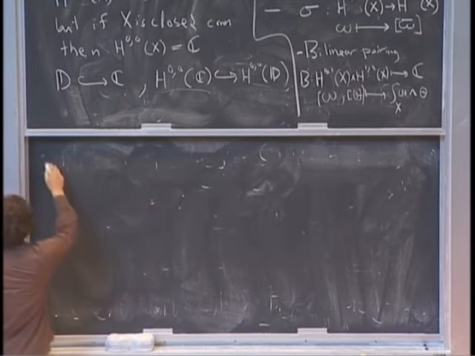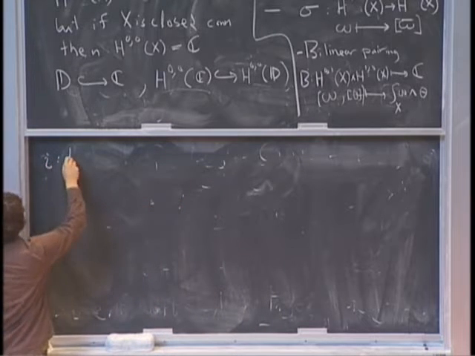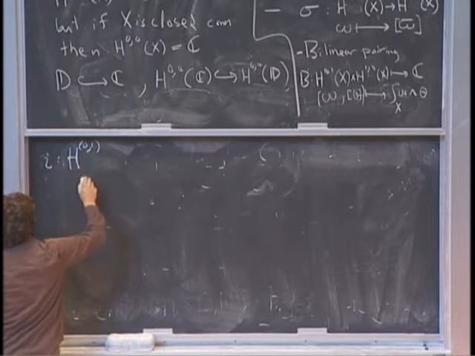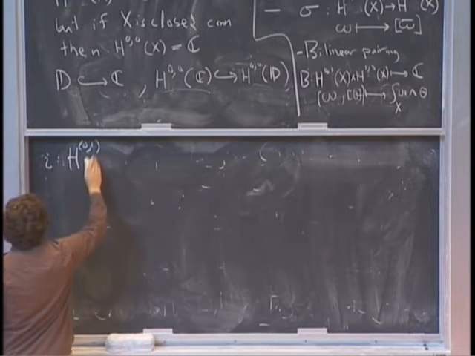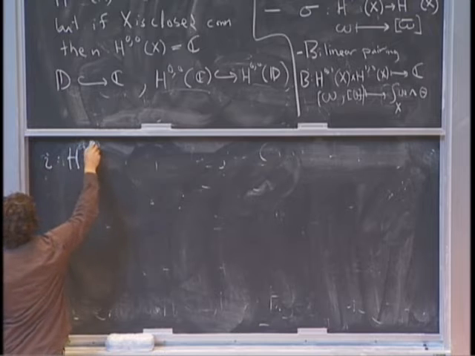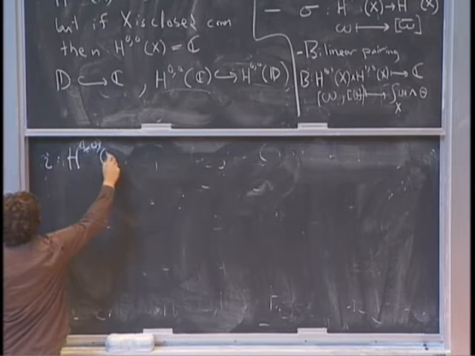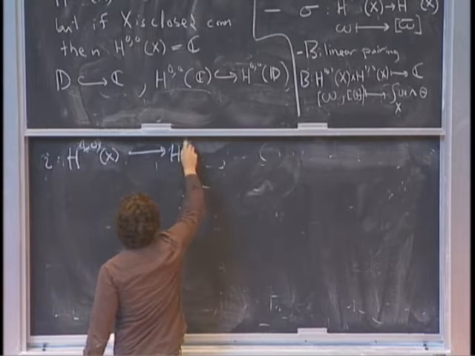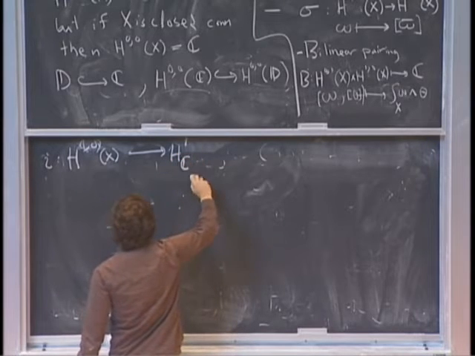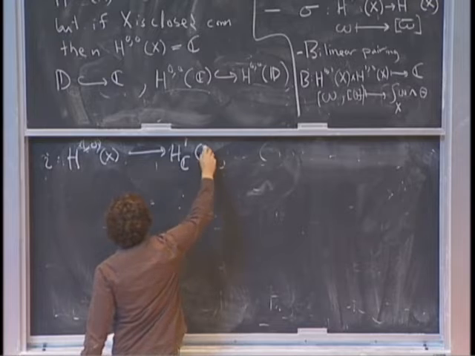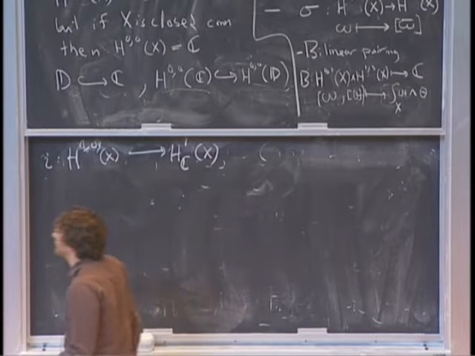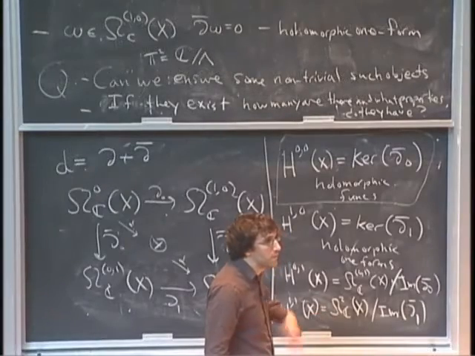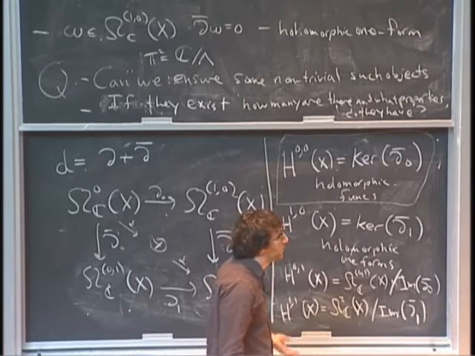Okay, we have an inclusion map I of this space of holomorphic (1,0) forms into just the normal de Rham theory, but with complex coefficients. When we talked about de Rham theory, we used just the real valued forms, but you could, of course, just use complex valued forms, and it doesn't change anything.